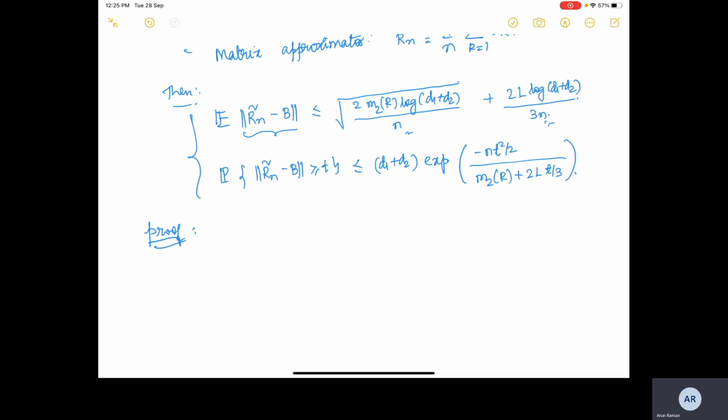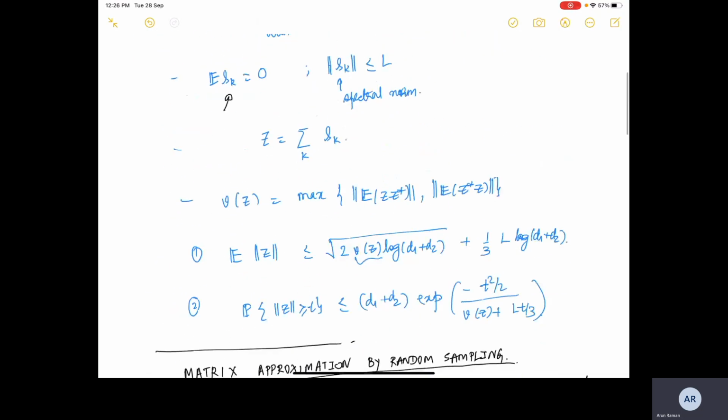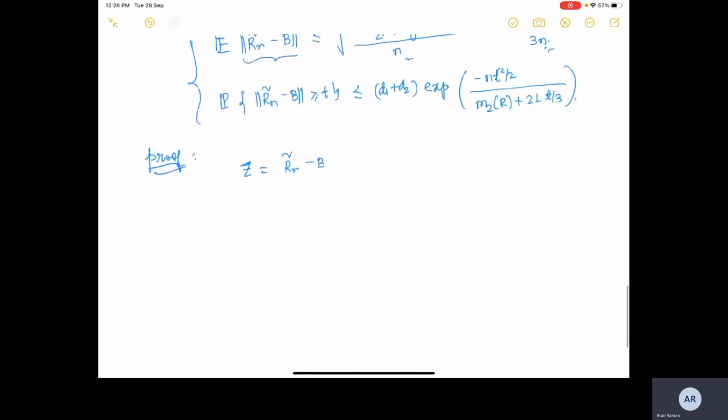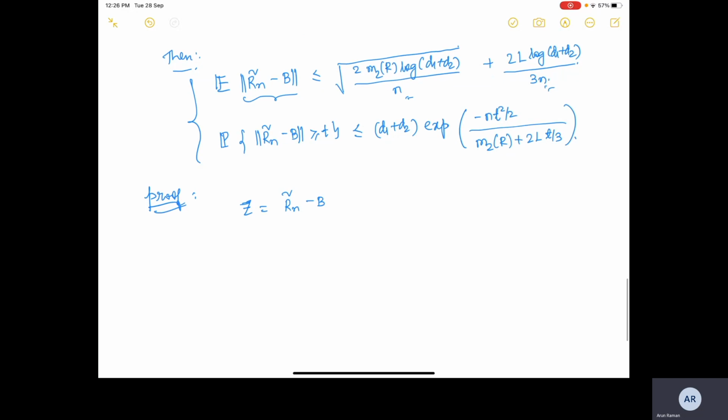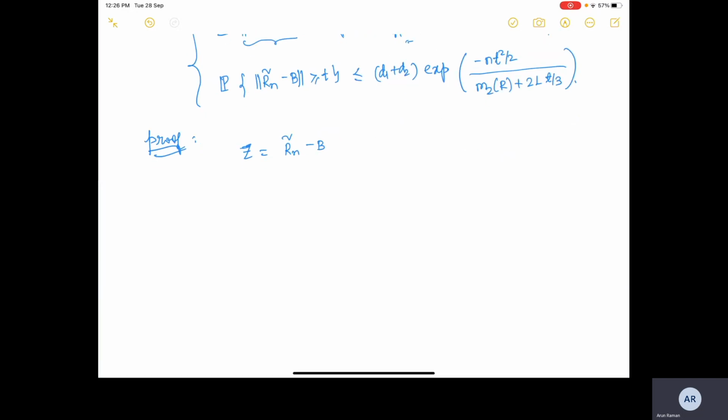So let us just define Z as the matrix R n tilde minus B, because this is the matrix that we want to analyze, and in the Bernstein inequality we had the expected value of Z. The next step is to write this as a sum of Sks, which we can do quite naturally because Rn can be represented as a sum.